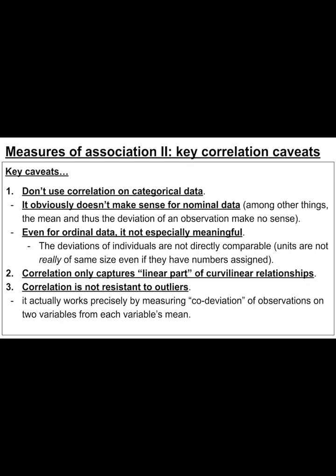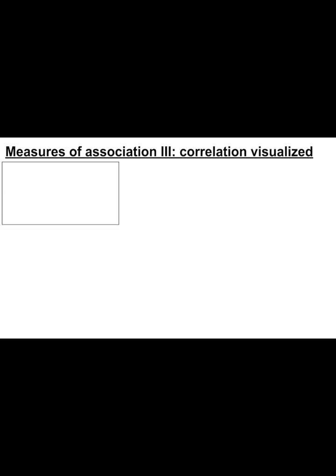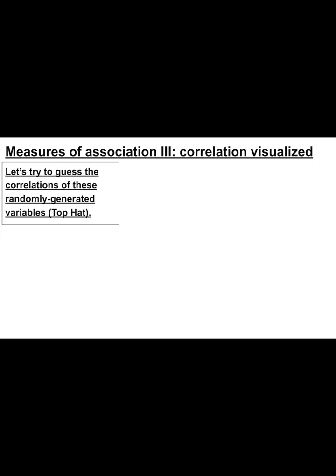And the reason for that is that, as we'll see in a moment, the correlation coefficient works by measuring the co-deviation of observations on 2 variables from each variable's mean, respectively. So it's really sensitive to high deviations from the mean. And then finally, correlation, like all single number measures, is pretty limited.